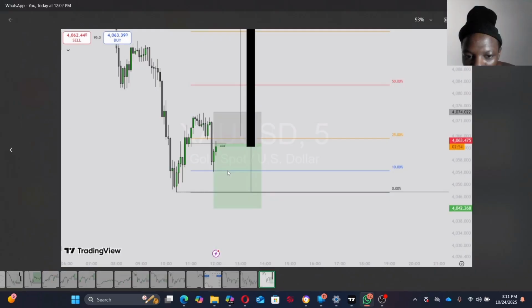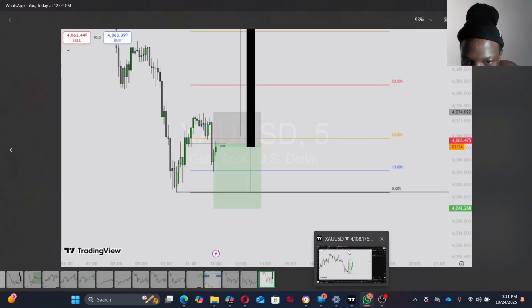But luckily, once the market hit this line right about here, I put my stop loss on break even. Then I closed on break even, as you can see from here, where I'll pop up something showing that I closed on break even.